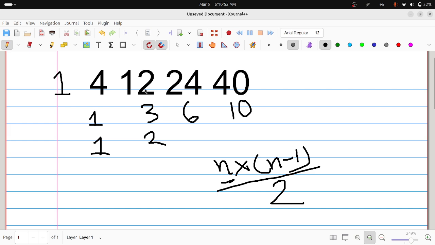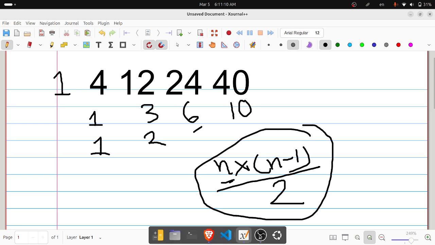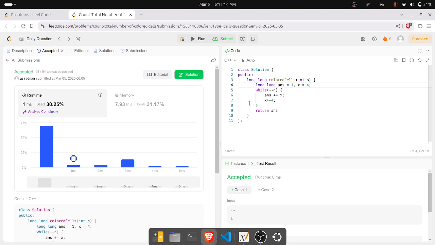But for 3, that's 3 into 2, 6, 6 by 2 is 3, then 4 into 3 is 12, 12 by 2 is 6, 5 into 4 is 24. So I got the formula. Now I'll just have to write the code, which is okay.